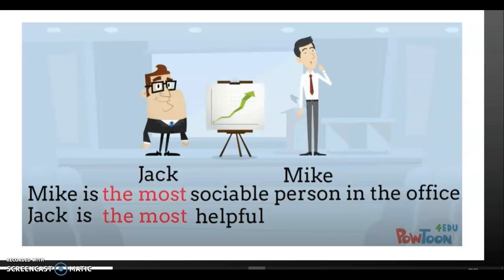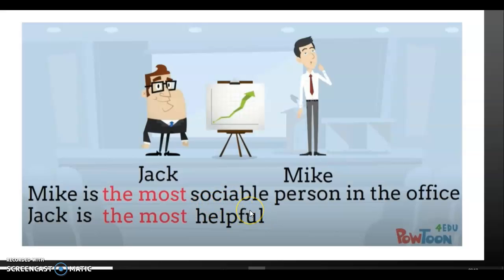And here we have another example. The comparison here is not between Jack and Mike, but with all the other people in the office. So we have more than two people and we have to use the superlative adjective.